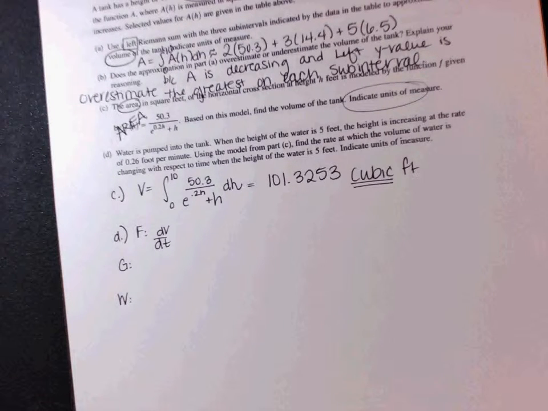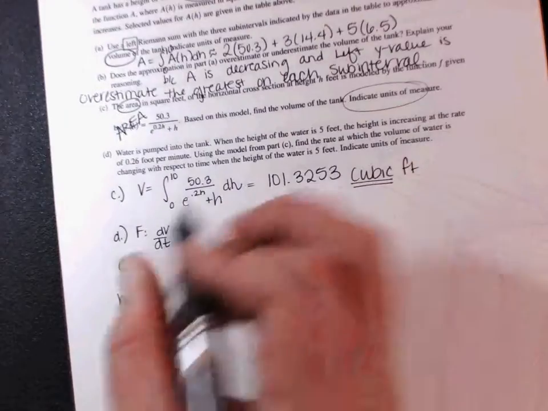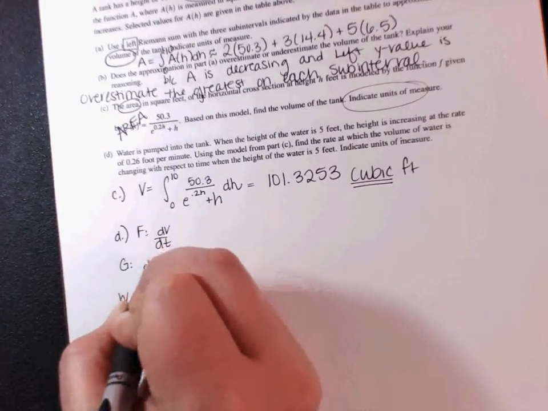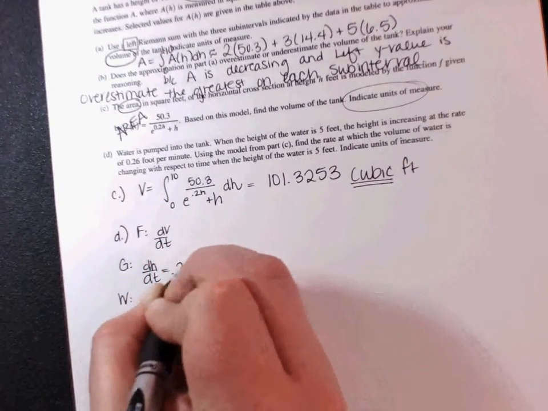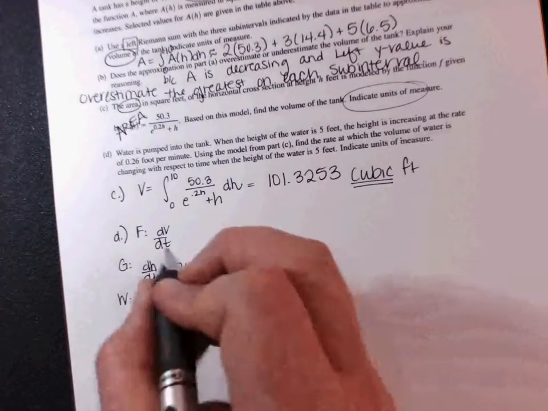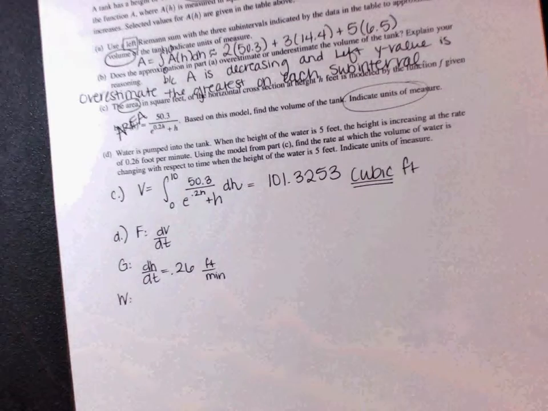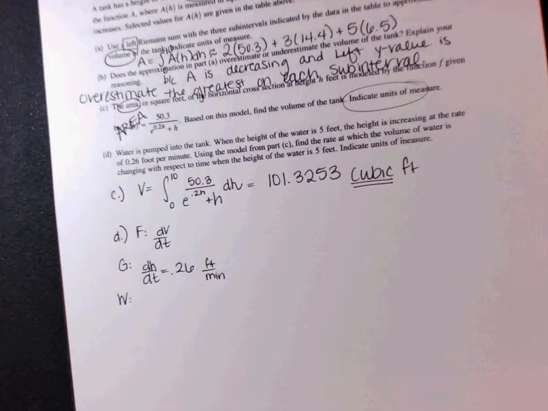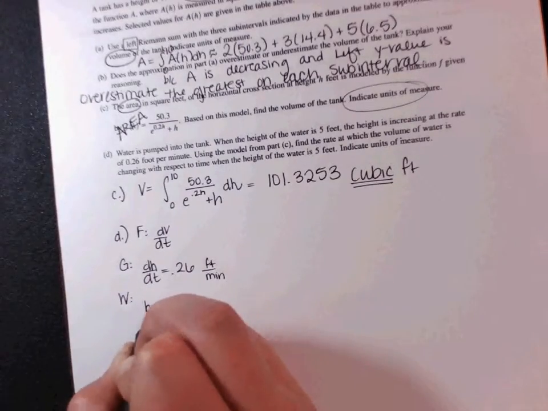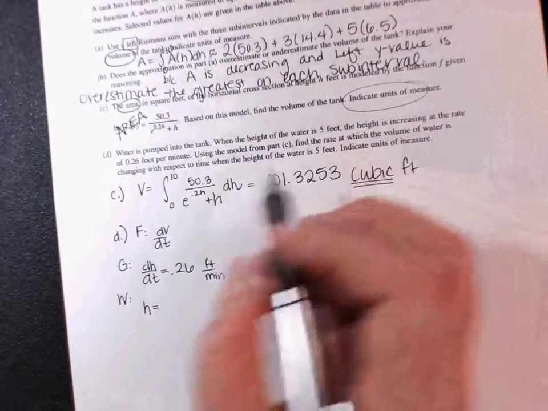The height is increasing at a rate, so that's dH/dt, which is 0.26. Notice that's feet per minute. If you want to keep track of that stuff, you can. And then what's my when? When height is 5, good.